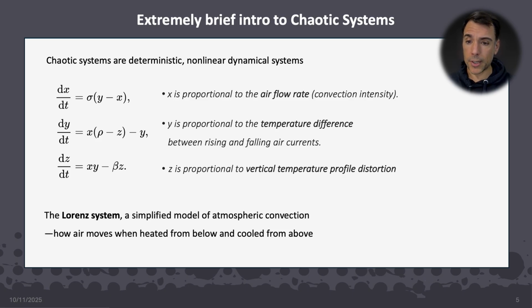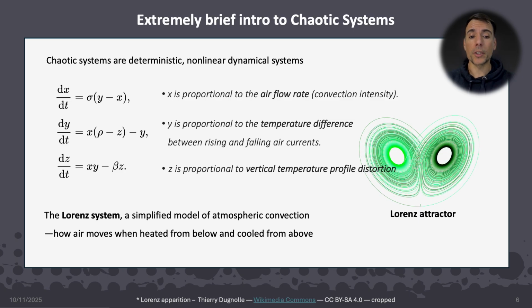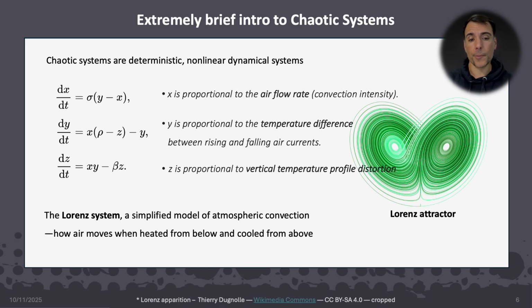So this is the Lorenz system, a simplified model of an atmospheric phenomenon called convection, which is how the air moves when heated from below and cooled from above. If we solve this system of equations for specific initial conditions and for many points in time, and we plot the solutions in what's called the state space, what we get is all these trajectories or orbits.